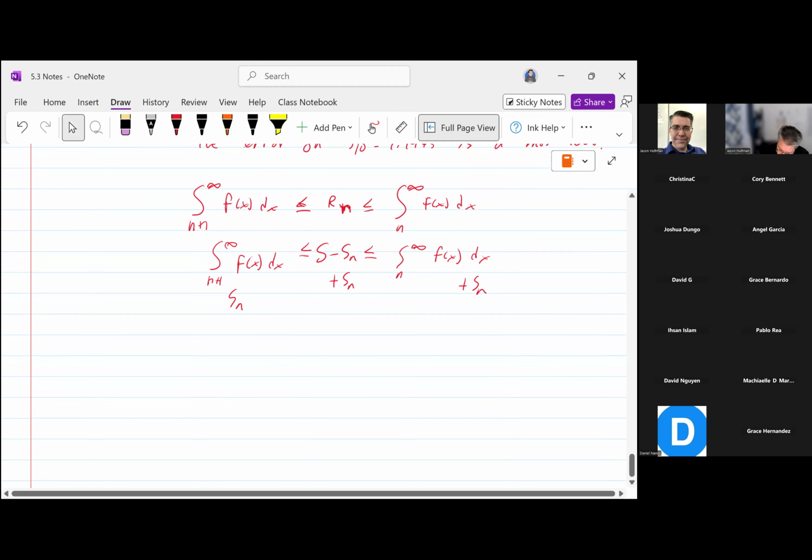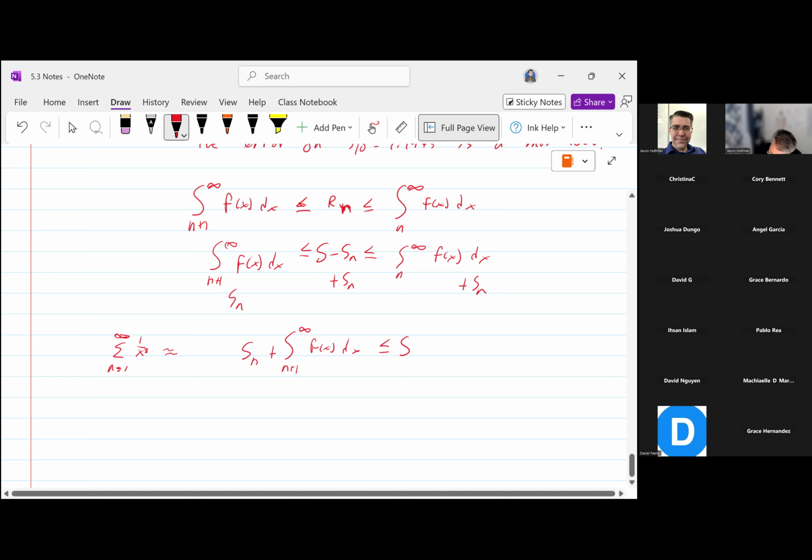If I said, I want to know the approximate sum for this series, n equals 1 to infinity of 1 over x cubed, then I could find an upper and lower boundary if I knew what s sub n was, and then found the integral from n plus 1 to infinity of f of x dx.